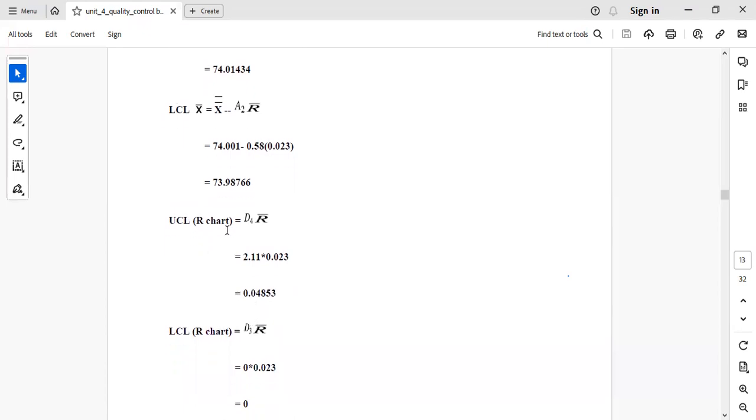Okay. Then you do the same, again, apply the formulas for the R chart to be able to get the control limits. So we said the upper control limit is D4 R bar. So here it is multiplication. So again, you have the constant for the D4 and the R bar, got it up there. So you get this. Then lower control limit, the D3, which in this case is 0.